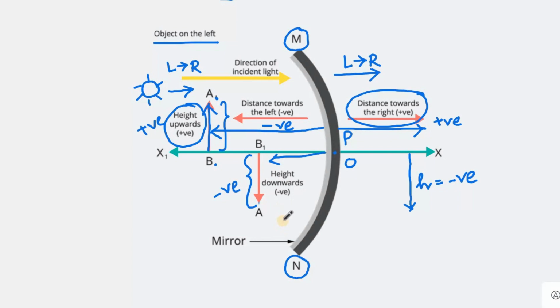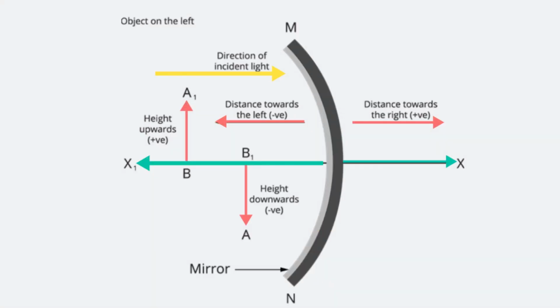Light travels from left to right and the object is always kept on the left hand side of the optical device. So this was the summary of all the things that we have studied till now. I hope now you have a clear picture about the diagram and all your confusions would have been removed by now. So that was all from me to explain you the sign convention.